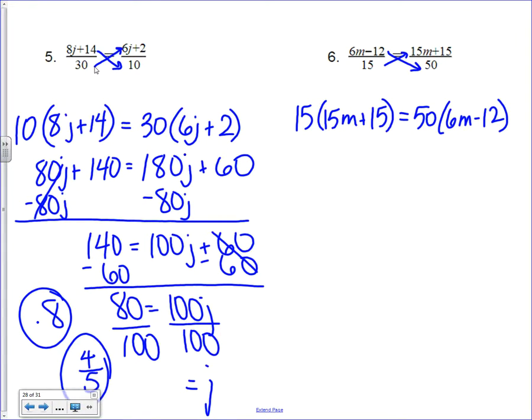Make sure we distribute carefully. And then make sure you move your smaller m over.